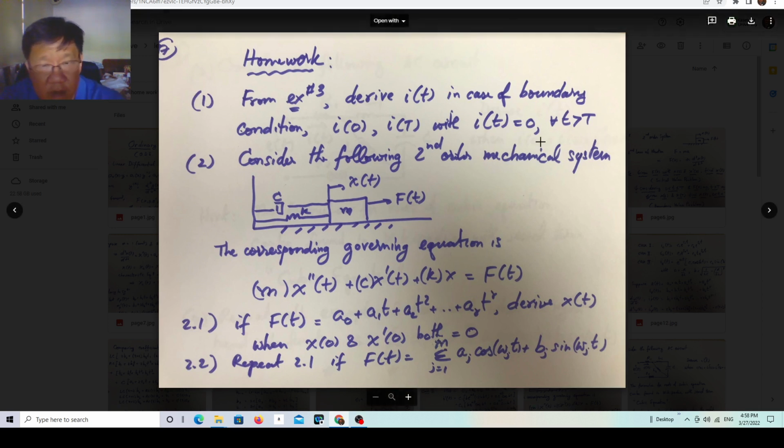The switch is on. The switch is off. It becomes an open circuit, just like what we explained before. So this is the first homework, for you to exercise.